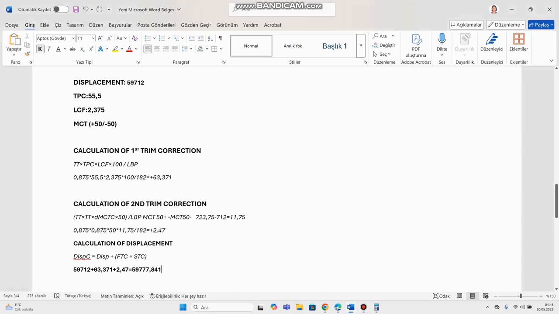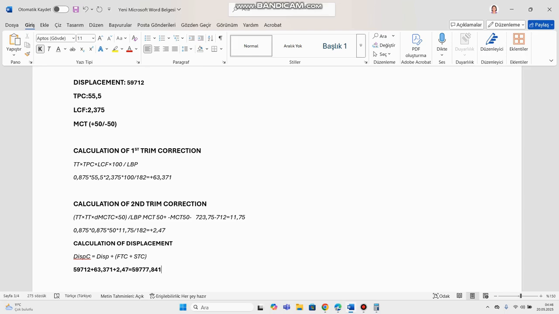Next and last step for corrections is density correction. When you make draft survey, after checking your drafts, you are taking a sample from the sea and checking density of the seawater.